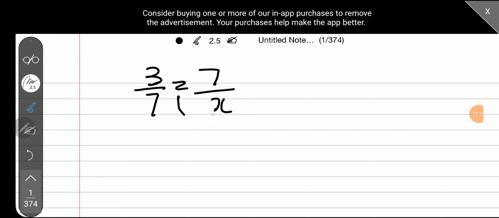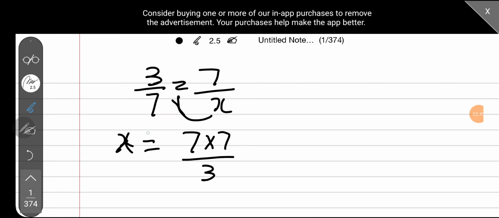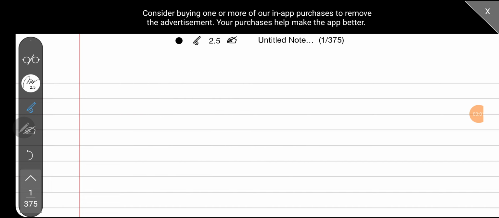So x is shifted to this side, and 3/7 is shifted to this side. So what will happen? 7 will turn to numerator and 3 will turn to denominator. So now 7 cross 7 is equal to 49 over 3. So this is the third proportion.